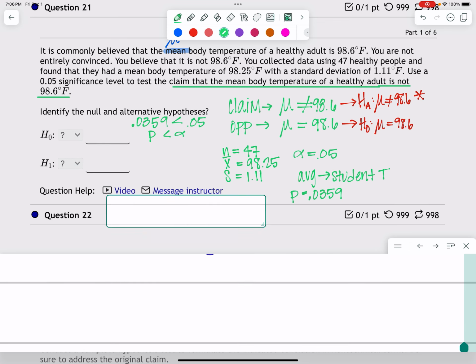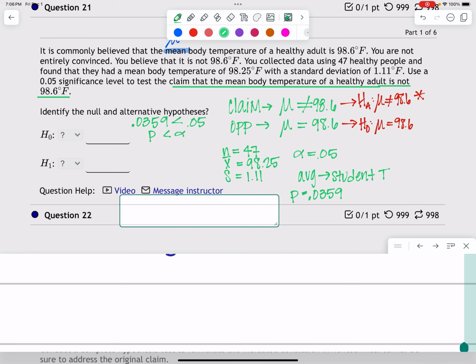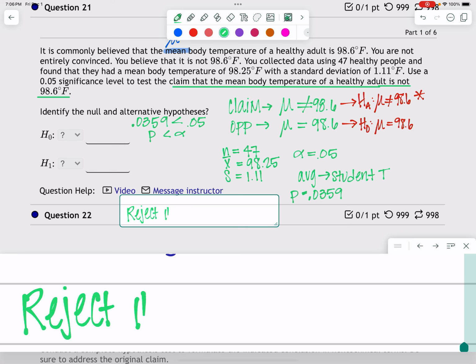That means, and I'm going to stick it down here, I know it says question 22, you'll be okay. That means we are going to reject the null hypothesis.